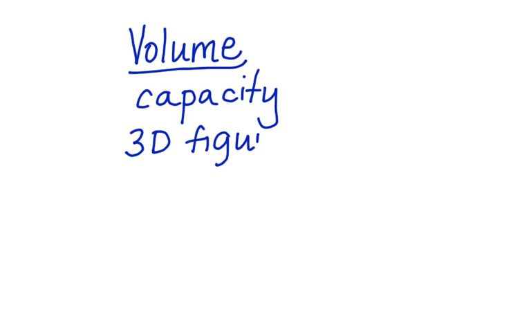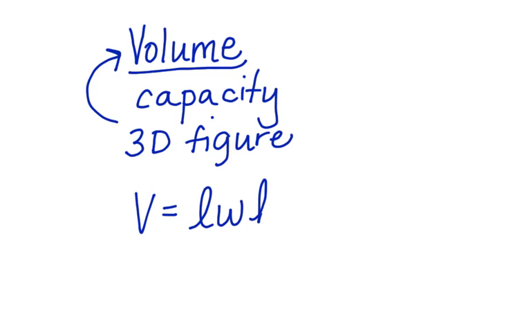But when we're filling something, or when we're figuring out how much something will hold, those words let us know that we are talking about volume. One of the most common formulas for volume is length times width times height. And you often use this when you're working with prisms.